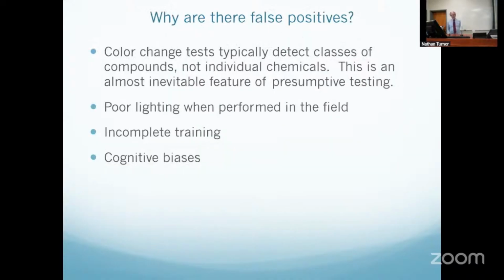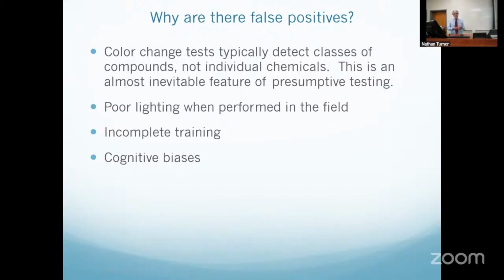So why do we have false positives? Well, we've seen that color change tests are often tests for classes of compounds, not for individual compounds. That's one problem. Another problem is if you do a test out in the field, you get what you get as far as lighting. And if you're trying to detect a color change, maybe you're seeing a true color and maybe you're not.